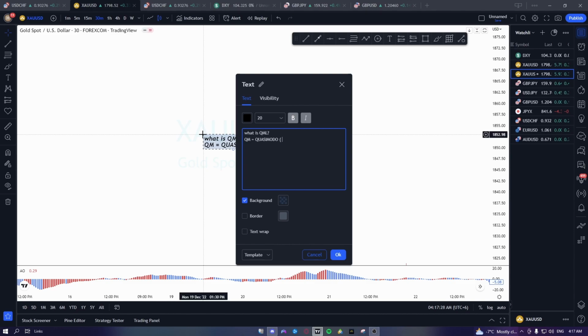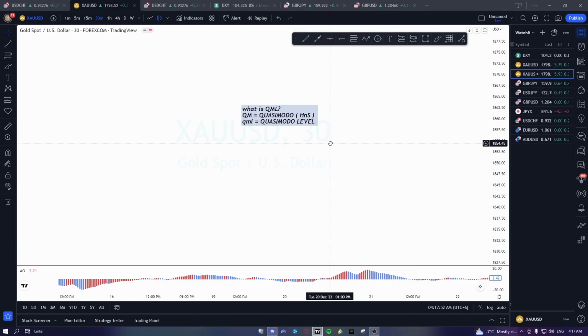Let's make it simple: head and shoulder pattern, but it's a whole different theory. There's more into it. So QML is Quasimodo level. That's it.